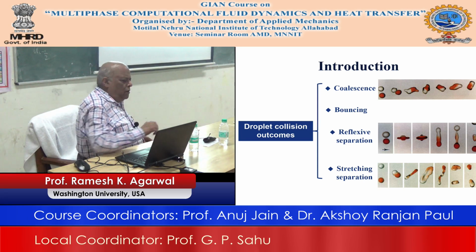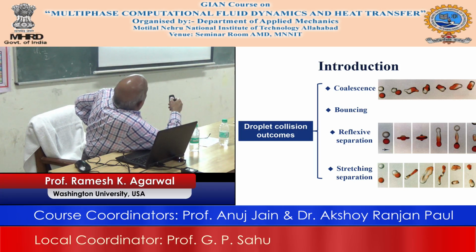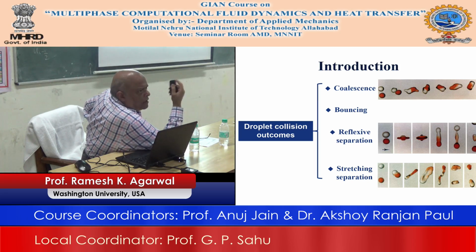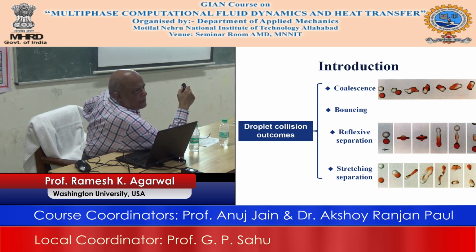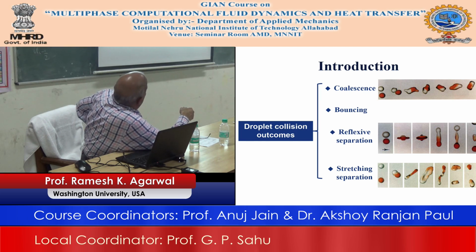So this is the kind of thing that can happen when you have the two droplets. And you remember that a few days back, I think, you were asking about coalescence. So this is one case in which you can see that the two droplets coalesce, and they are shown in different colors. They could be the same color as well, but in order to show how they can come closer, and then eventually they can form a single droplet.